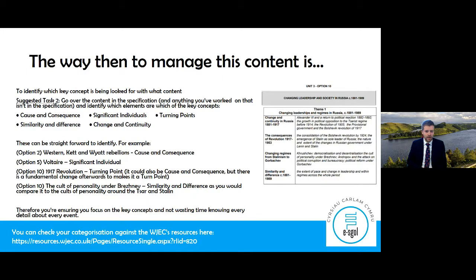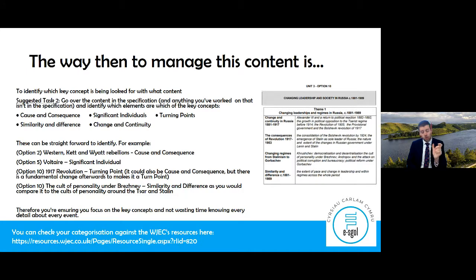So my second way to manage this content is to identify which key concept is being looked for with what specific content. What I suggest you do is go over the content of the specification, and anything you might have worked on in class that is outside of that specification, and identify which elements are referring to which key concepts.